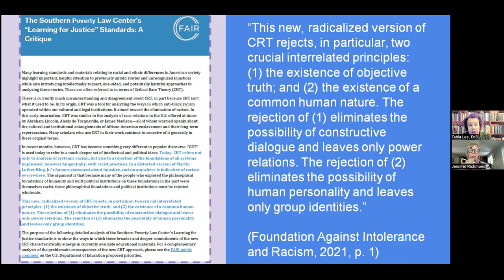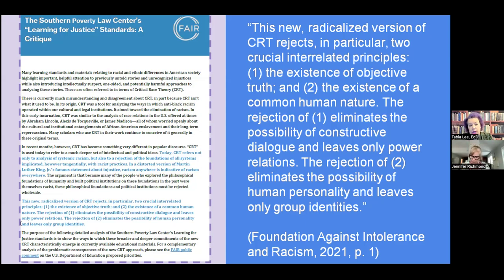The rejection of objective truth eliminates the possibility of constructive dialogue and leaves only power relations. And the rejection of the existence of a common human nature eliminates the possibility of human personality and leaves only group identities.